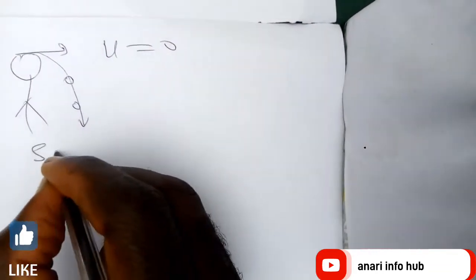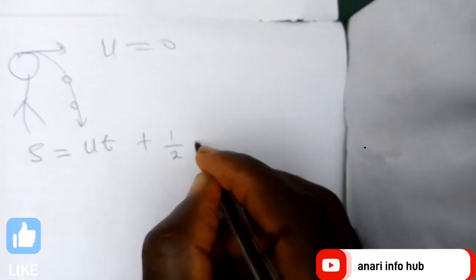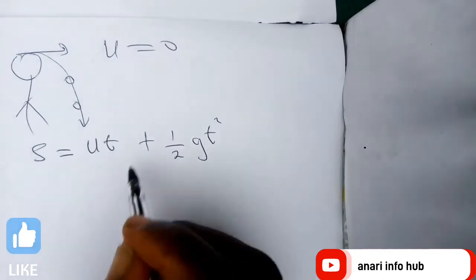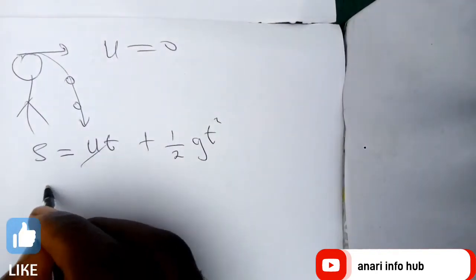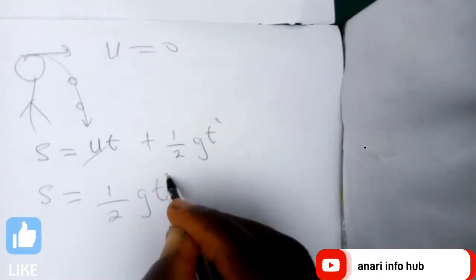Now, the Newton's equation that connects this is the one that says S equals ut plus half gt squared. If u is 0, then everything here is 0, so S equals 1 over 2 gt squared.